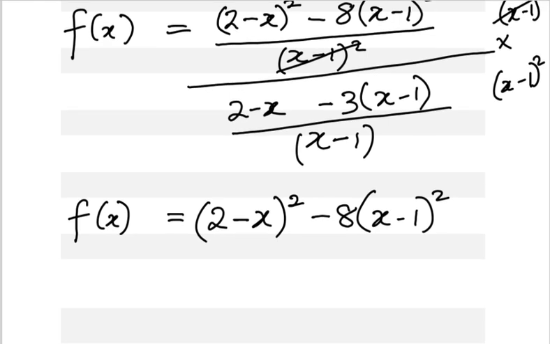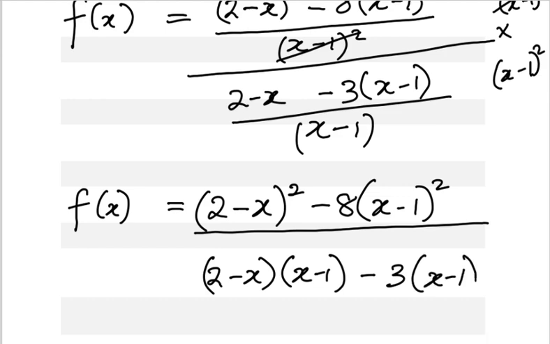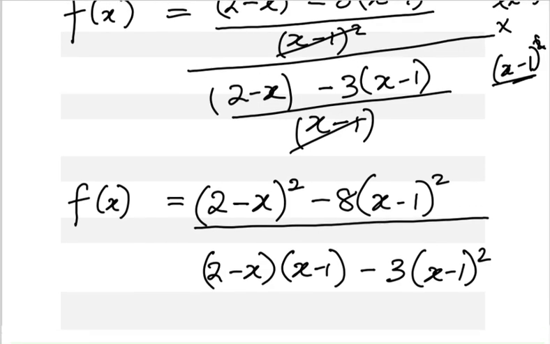Okay, this is our numerator. For our denominator, we're going to have (2 minus x minus 3(x minus 1)) times (x minus 1), because this will cancel just this x minus 1 squared, and then we distribute x minus 1 into each of these terms, and that's how we have it here.